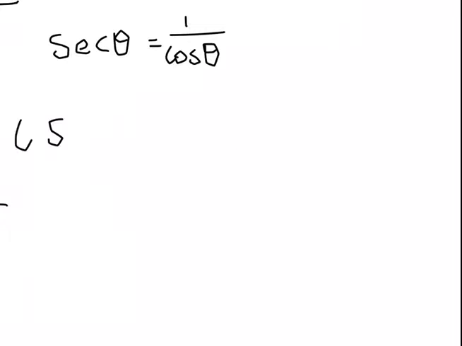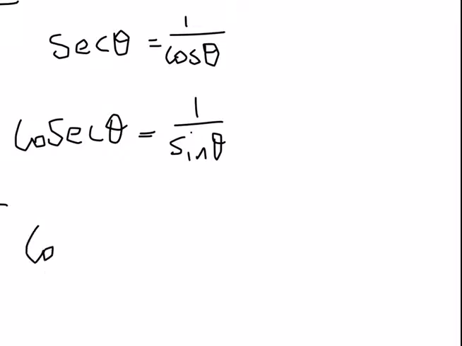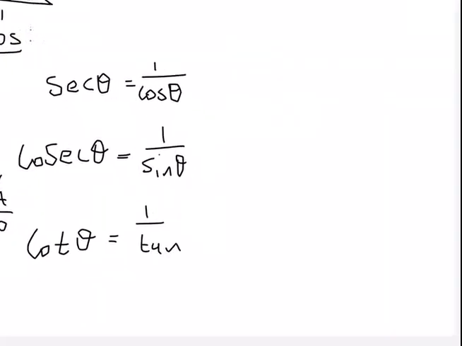When it comes to cosec of an angle, they can still say it is 1 over sine of an angle. Then even when it comes to cot of an angle, they can still say it is the same as 1 over tan.